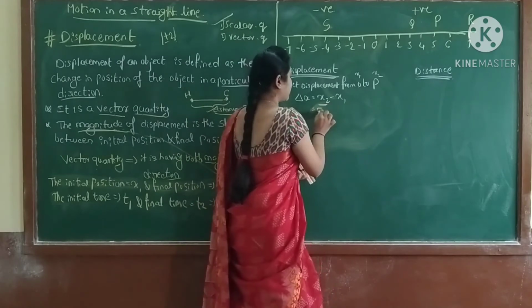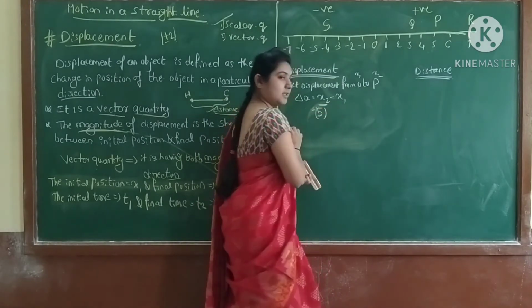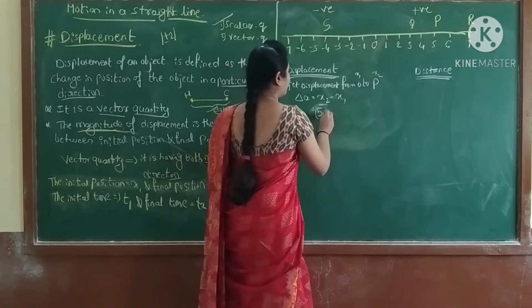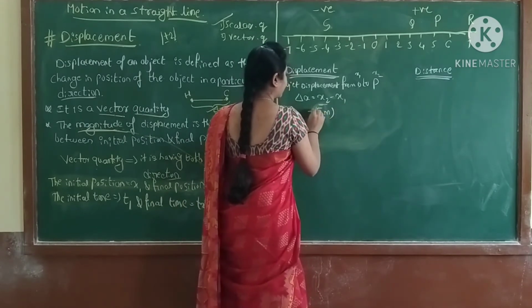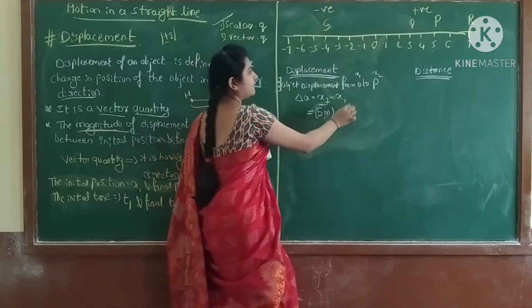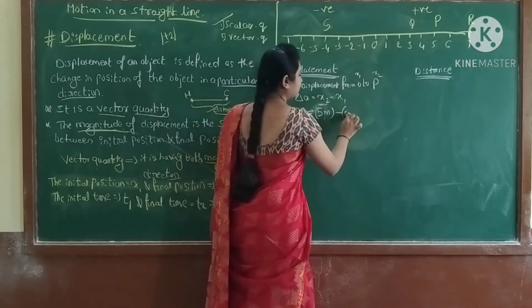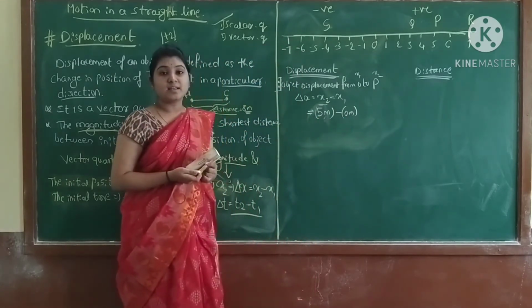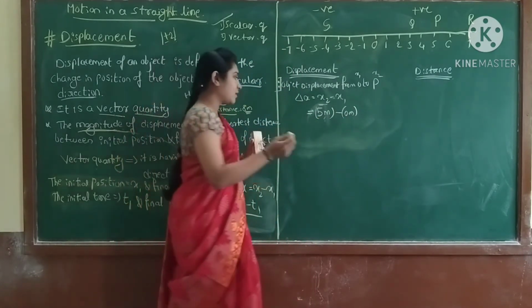Take it as 5. Yes. 5 meter only, right? 5 meter. Correct. So minus here x1 is 0 meter. So 5 meter ನಲ್ಲಿ 0 meter ಹೋದ್ರೆ ಎಷ್ಟಾಗುತ್ತೆ? Of course it is 5 meter.